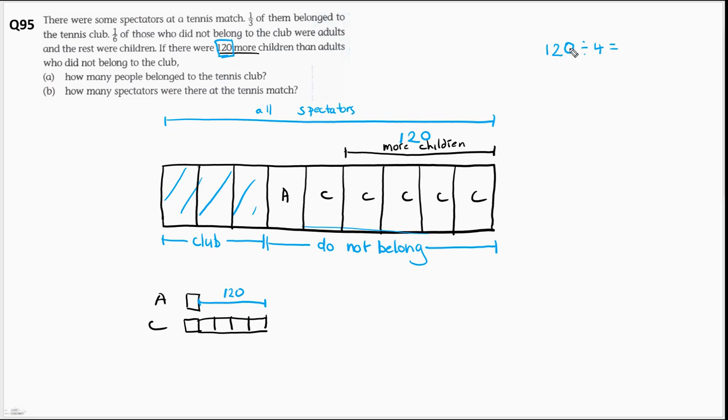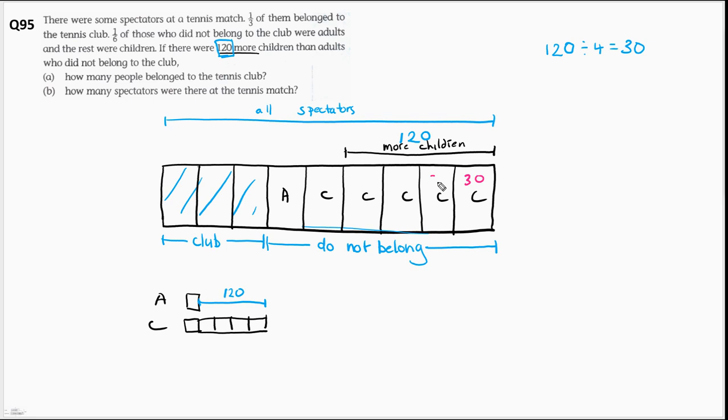But this is 12 times 10. So the answer is going to be the same as 12 divided by 4 and then times the answer by 10. So 12 divided by 4 is 3, times 10 is 30. So we now know that each of these parts has a value of 30.